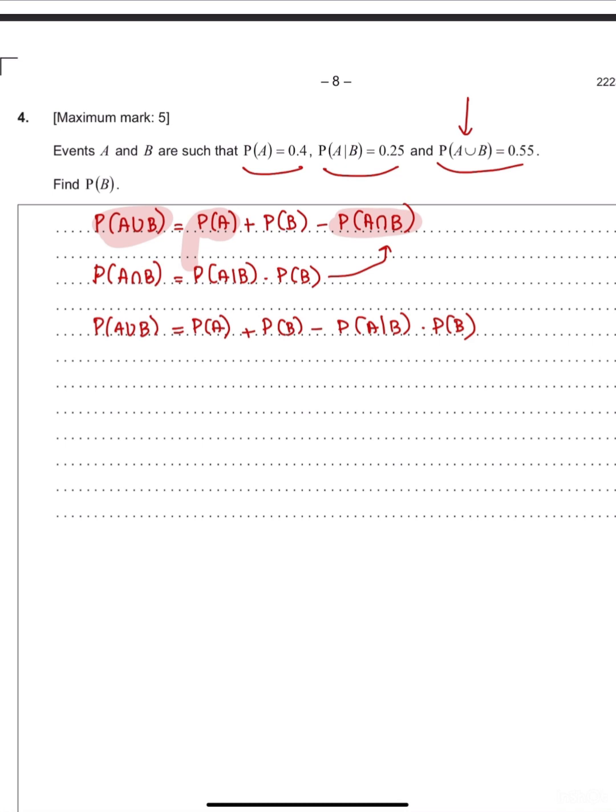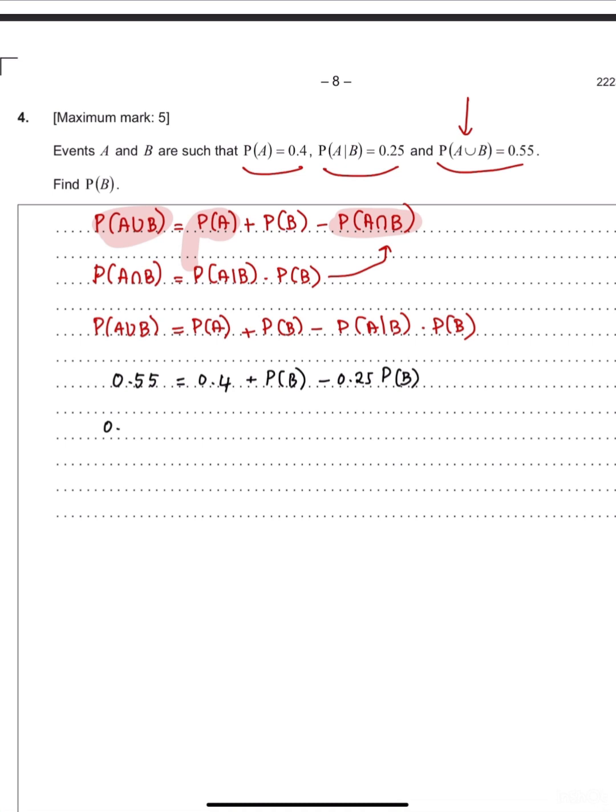So 0.55 equals 0.4 plus P of B, which is what we want to find, minus 0.25 P of B. This is like solving equations.